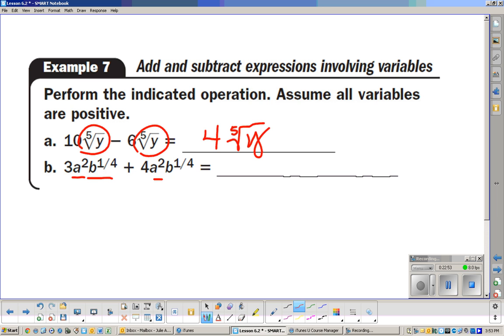Here we have a squared, b to the fourth. So, looks like we have apples compared to apples. They're exactly the same. So if we have 3 there plus 4 there, well, that means we have 7, but they're still apples. Don't start adding your exponents, not when you're adding like terms.